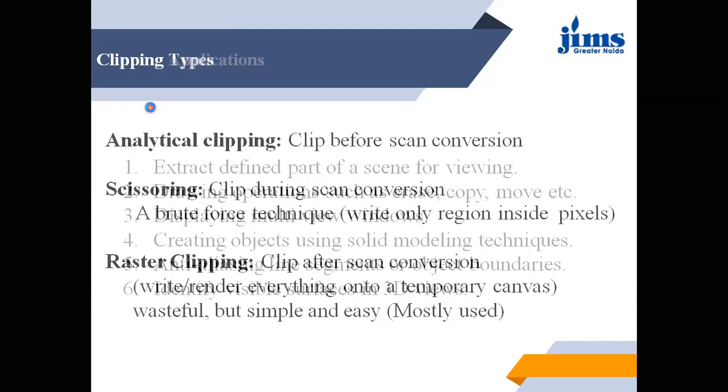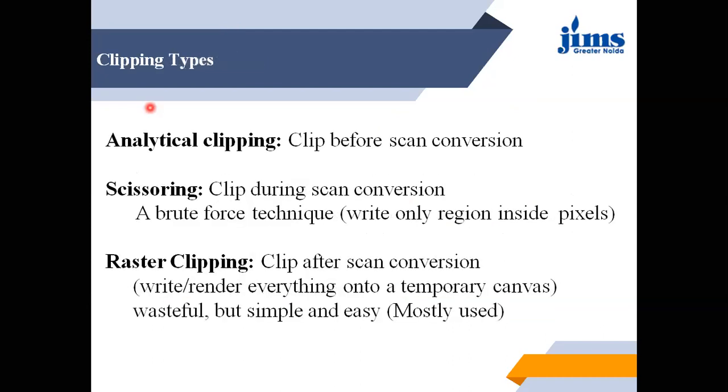Now we will see what the different types of clipping are, or when the clipping can be performed. So clipping can be performed at three times: analytical clipping, scissor clipping, and raster clipping.